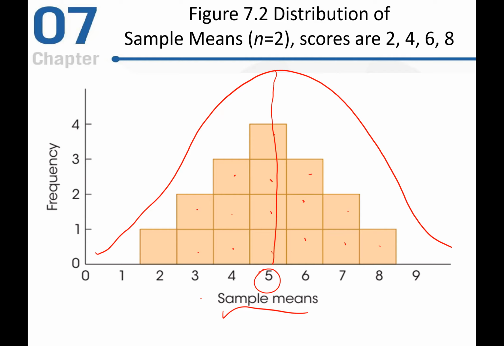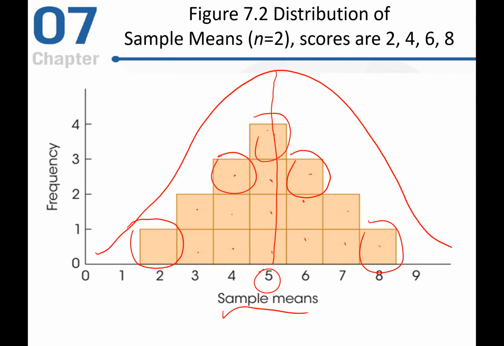So most of these sample means are close to the population mean. And as in any normal distribution, as we get further out, the frequency of those particular sample means gets smaller and smaller. So the frequency of having a sample mean of 2 or 8 is smaller than having a sample mean of 6 or 4 or 5.